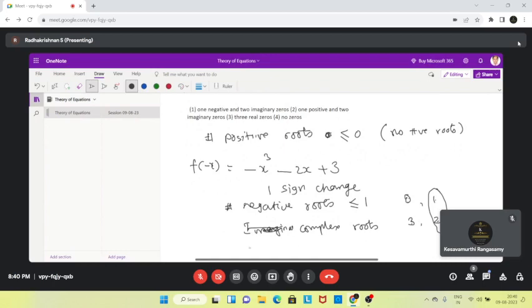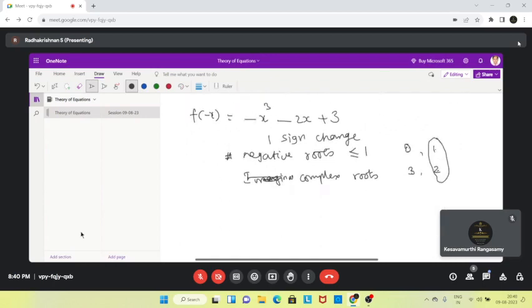If a particular complex number is a root, its conjugate is also a root. So in a polynomial solution, it will always be like that. If a plus ib, or x plus iy, is a root, it implies x minus iy is also a root.